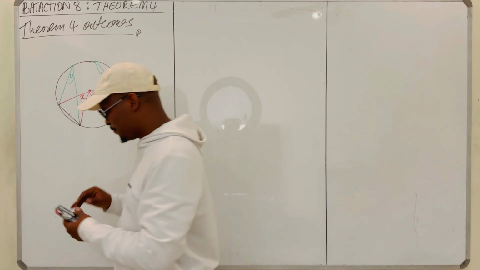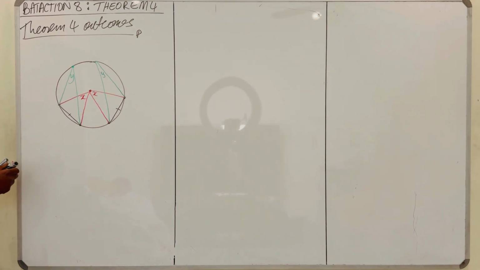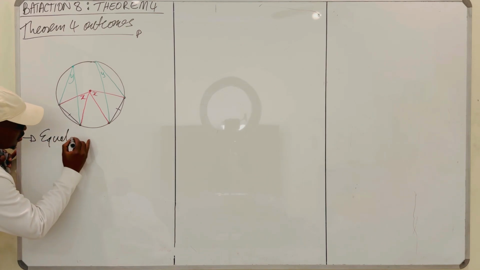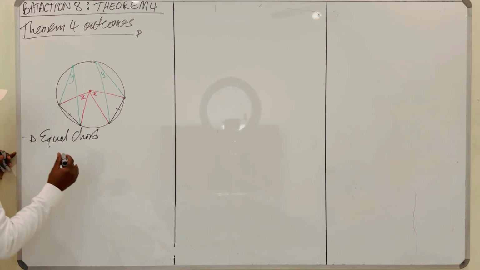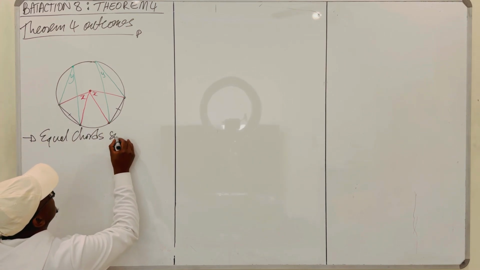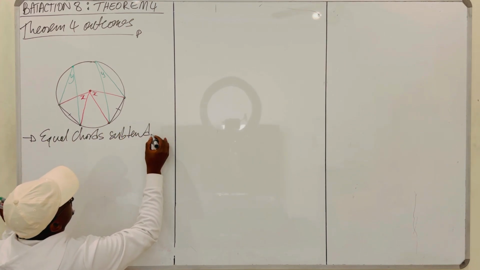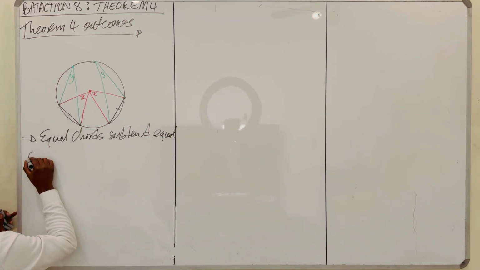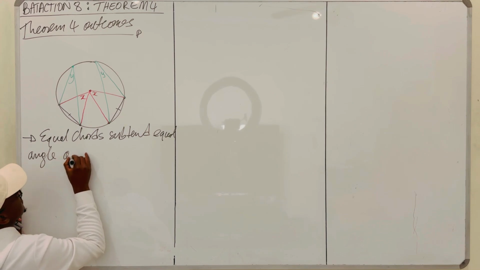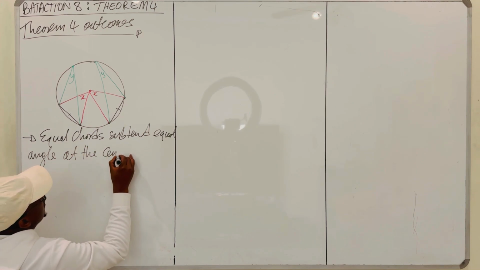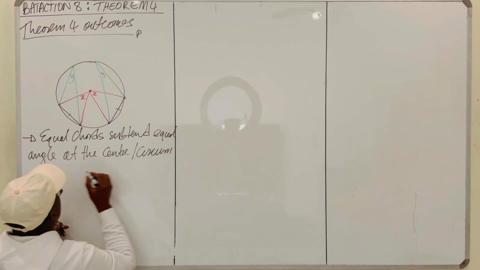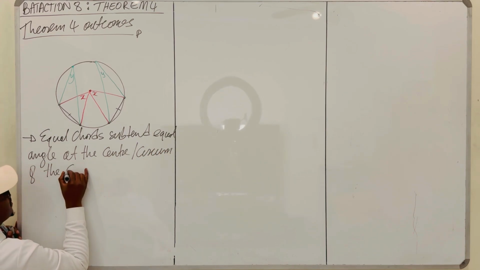Okay. So in a similar way, now I'm going to write it and say for this thing: equal chords subtend equal angles at the center or circumference of the circle.